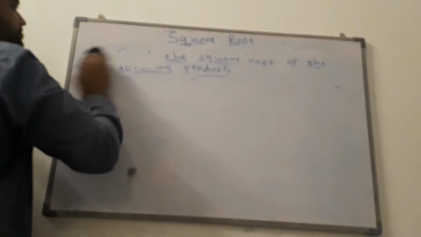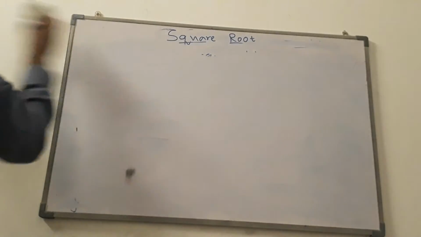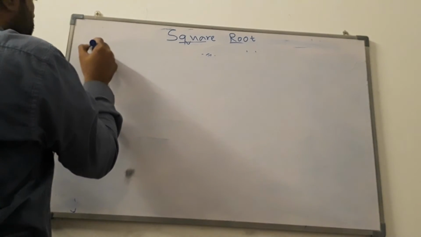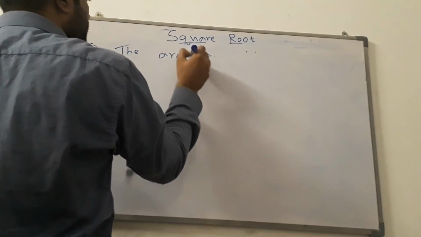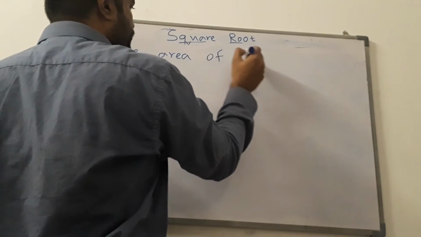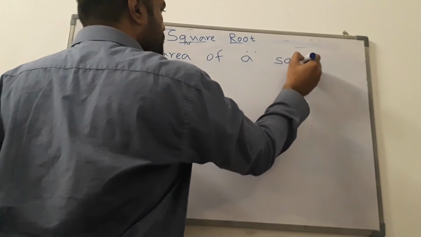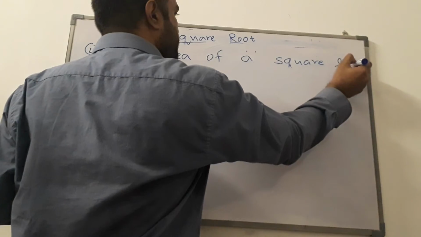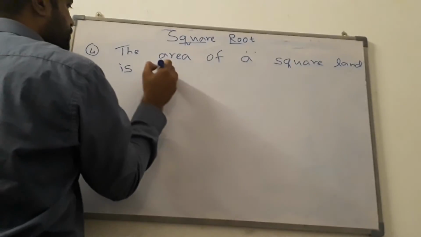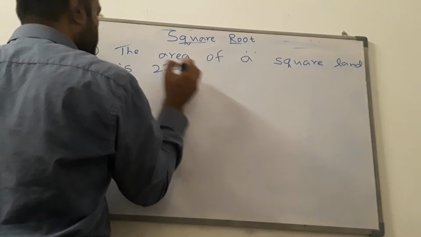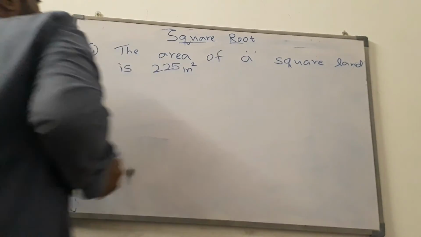Okay, suppose a question like this. The area of a square land is 225 meters square.